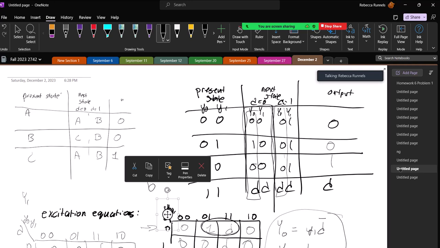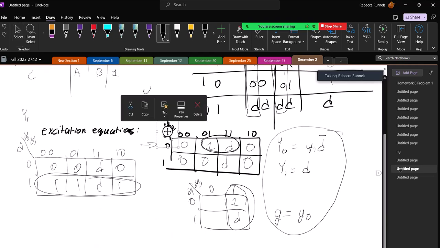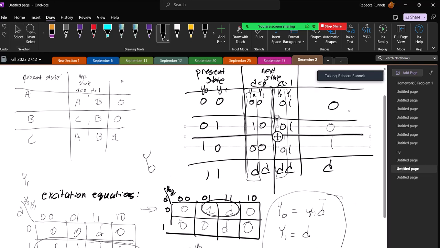So when Y0, Y1 are 0, 0, D is 0 for all of these. My top row with D equaling 0, those were all 0, except for the 1, 1 that was a don't care. And over on the other side, where D equaled 1, they were all 1s.